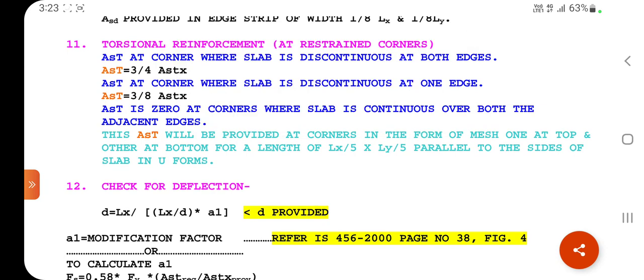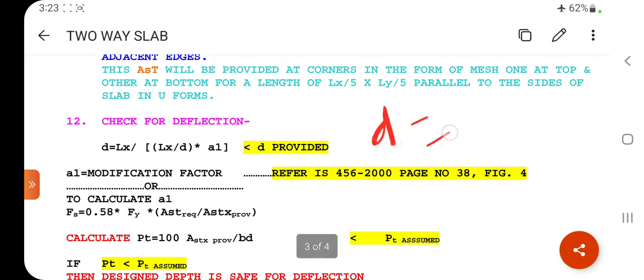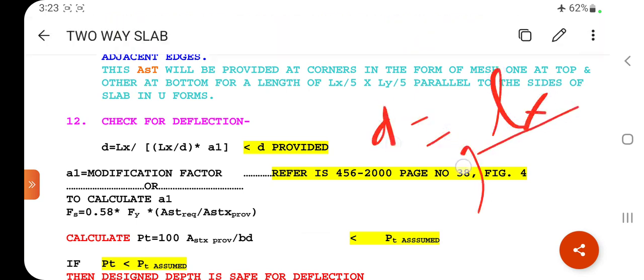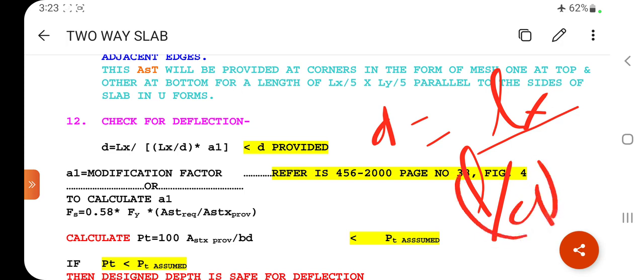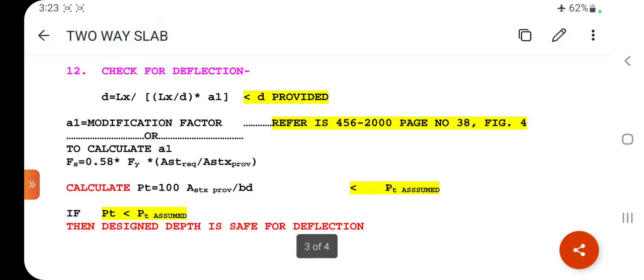Now the next check is the check for the deflection. This check is given by d equals Lx upon L by d basic into alpha 1. The check is similar to our previous problems, and this alpha 1 is the modification factor calculated from IS 456:2000, page number 38, figure number 4.